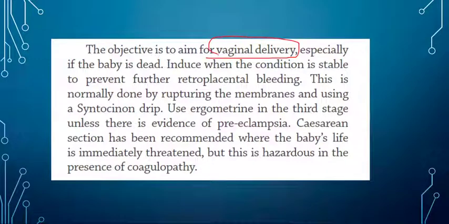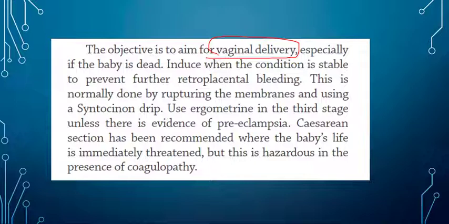Now, it depends on the baby as well. If the bleeding has stopped and the patient is not having too much abdominal pain, fetal distress is not there, and the mother is stable, then you don't need to go for urgent delivery. You can wait and watch and go for induction of labor at term.